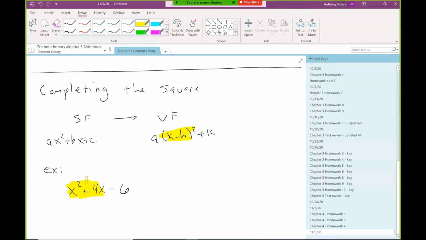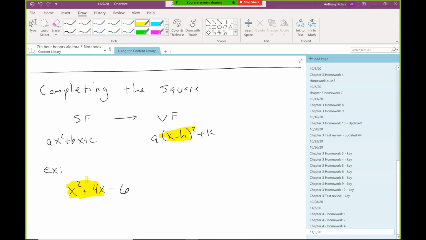Okay, that's what I'm going to try to do. So the first thing I want to make sure of is that the x minus h squared part's leading coefficient is 1, because that's the coefficient on x, right? I would need to start by making sure the coefficient on my x squared is 1. Well, that's done for me already, right? Cool.